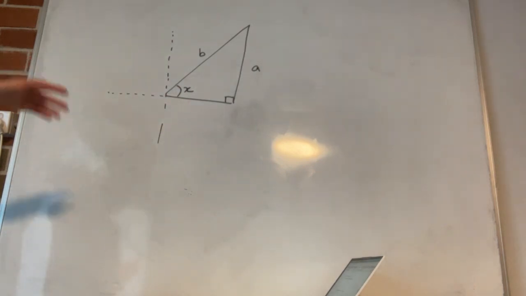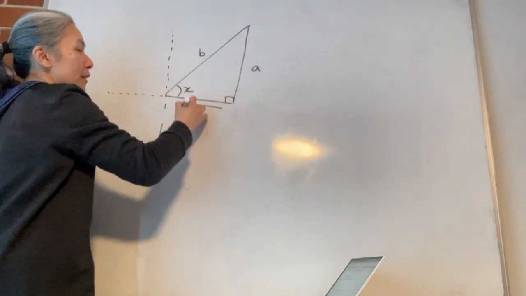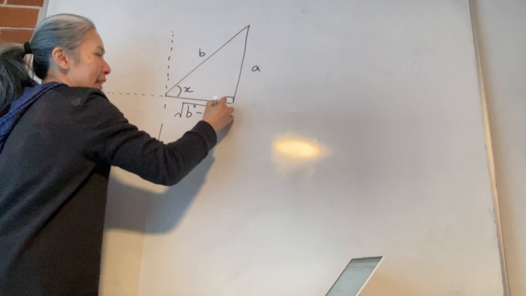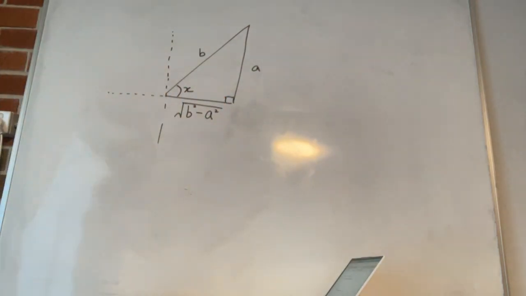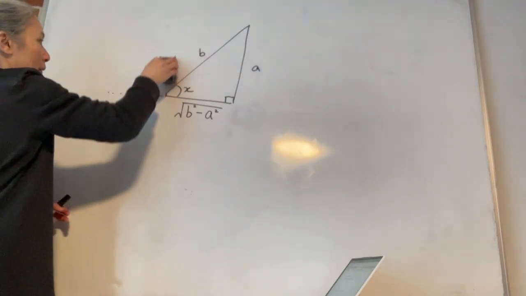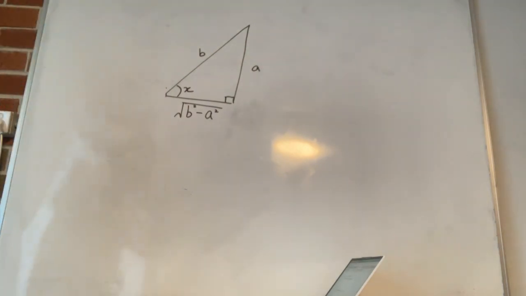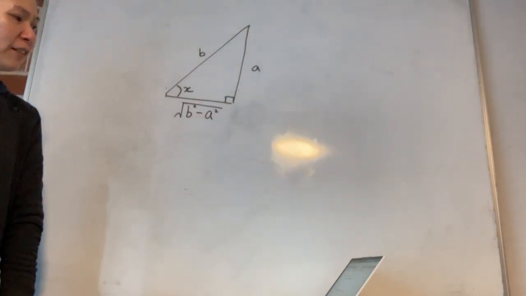That side is by Pythagoras theorem the square root of b squared minus a squared. So let's write it as the square root of b squared minus a squared. Okay, having that triangle, I suppose you can answer the rest of the questions.